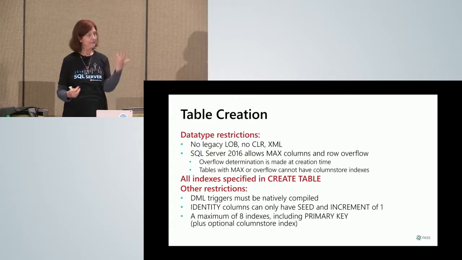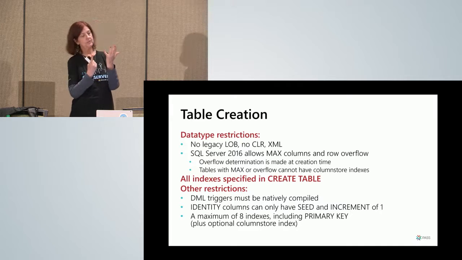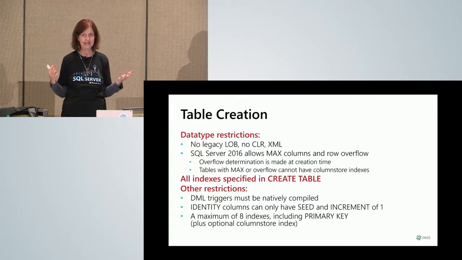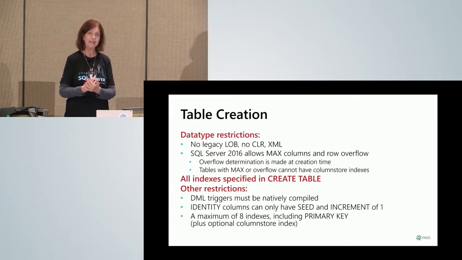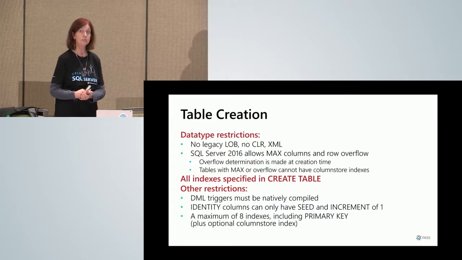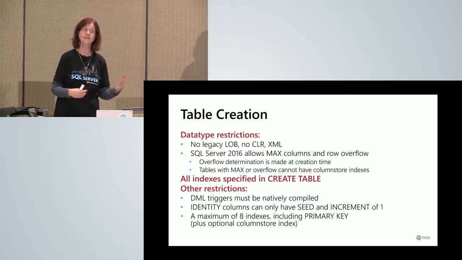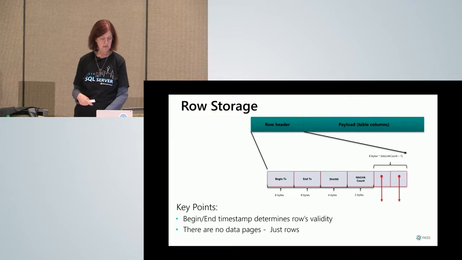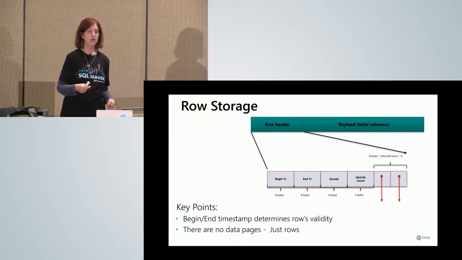Most people will say maybe a handful, and if you have a slight mutation, that might be 6 or 7, but 8 indexes on an OLTP table, which means one that's heavily updated. A heavily updated table should not have lots of indexes on it. 8 should be plenty, even though later versions change that limit. We'll see what the changes are after we look at the basic storage.